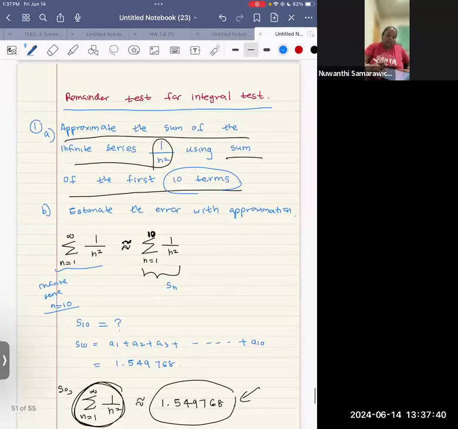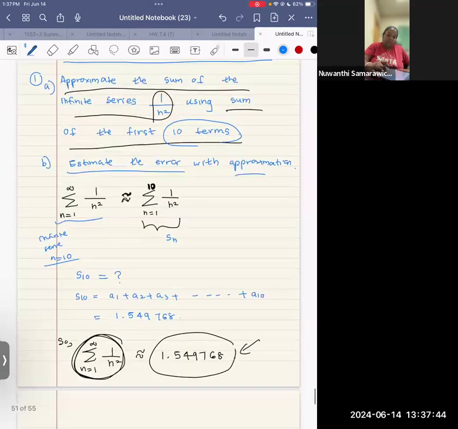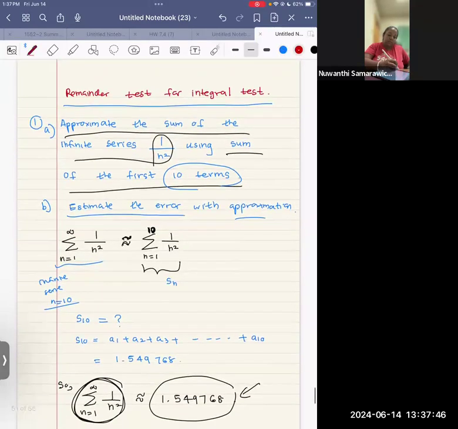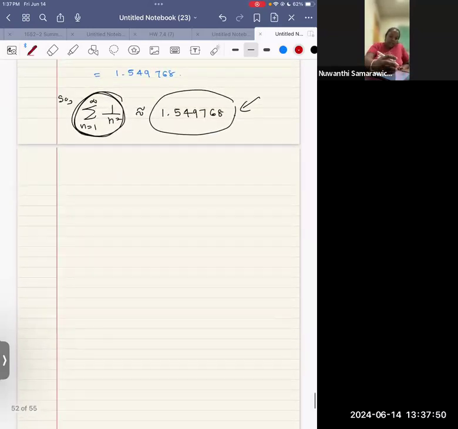Okay, now let's see how to estimate the error of the approximation. That's where we are going to use the remainder test. So let's first write the remainder estimate for the integral test.